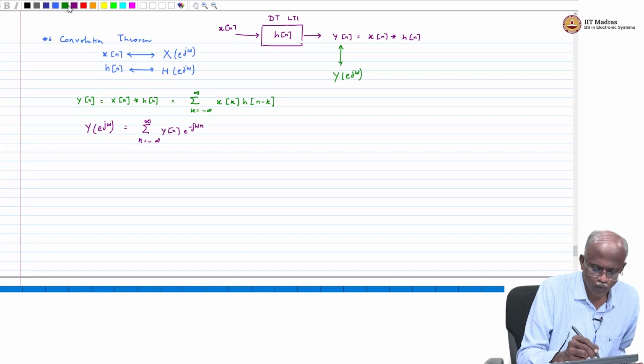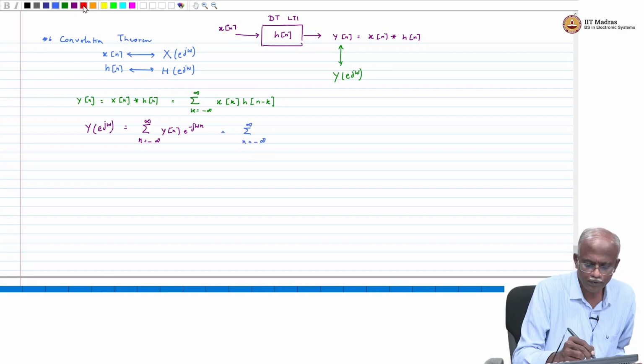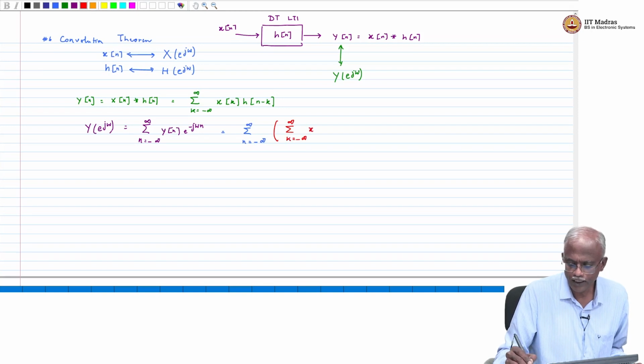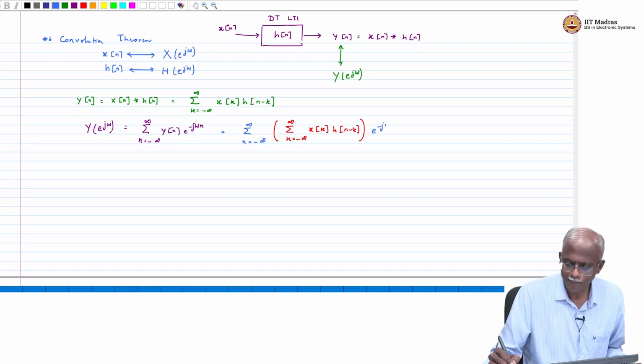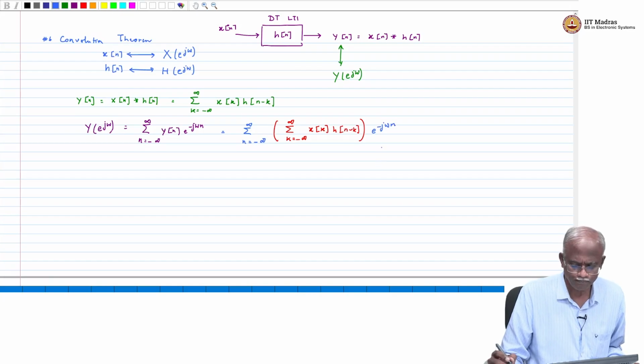We will substitute for y of n, so this is summation n equal to minus infinity to infinity of summation k equal to minus infinity to infinity x of k h of n minus k, and then e power minus j omega n.